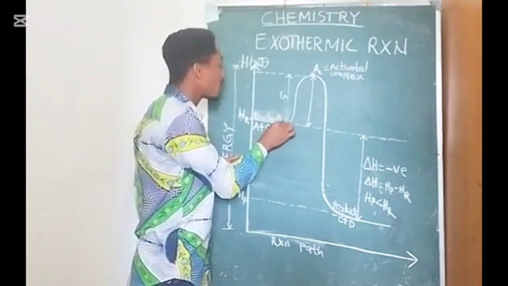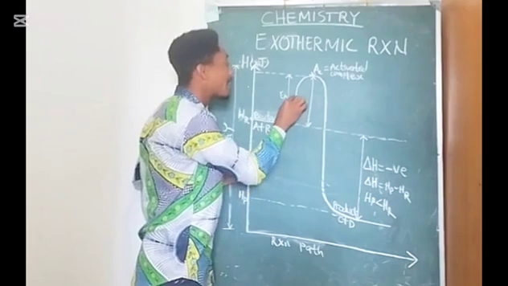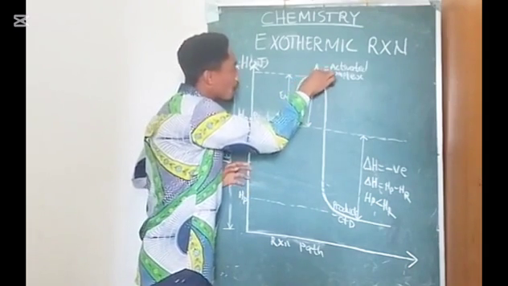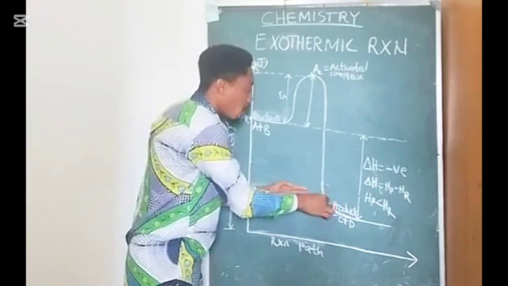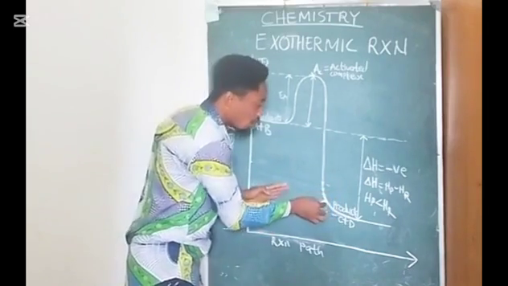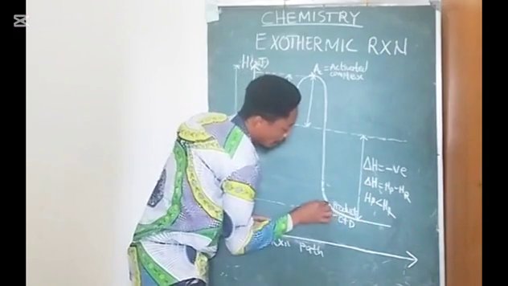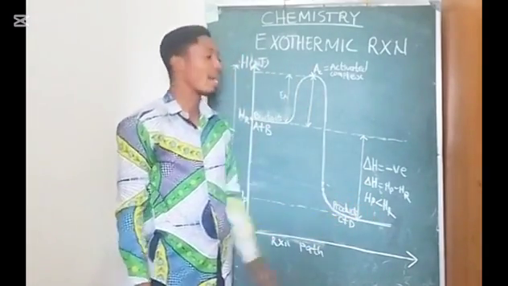Now, you can see that this curve rises, and rises to a point, and then starts falling before the reaction proceeds through a path. That part is the part whereby products are formed.